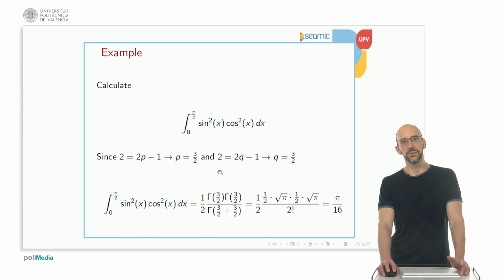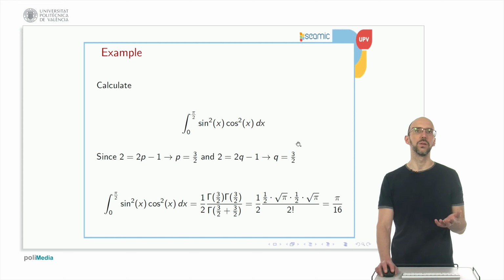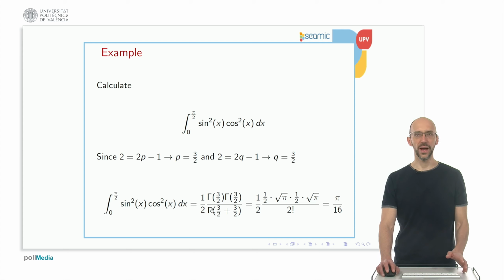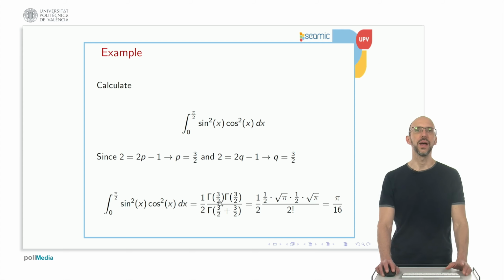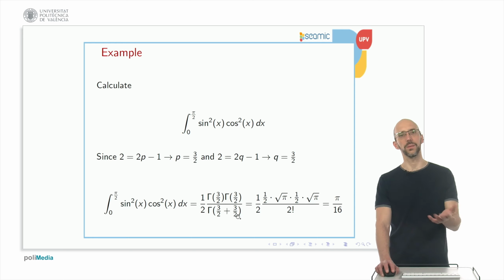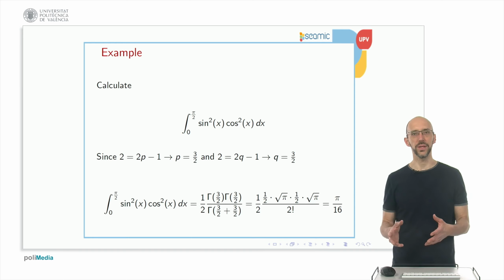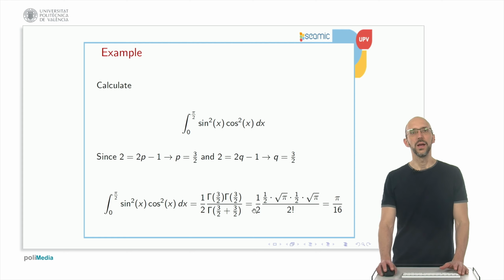And if this 2 should be 2q minus 1, it's easily observed that q is 3/2. So this integral is, using the formula, 1/2 of gamma at 3/2 times gamma at 3/2 divided by gamma at 3/2 plus 3/2. By the way, this is 6/2. This is gamma at 3, on the denominator.